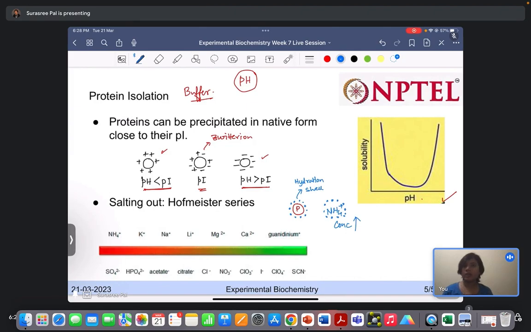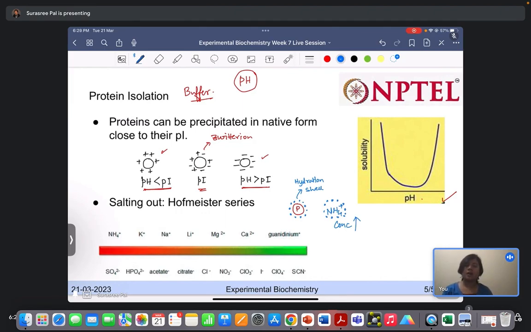And when these non-polar interactions become more prevalent, the protein comes closer to other protein molecules, and then these protein molecules can together form an aggregate, or precipitate down. So that is called salting out. By salting out, we essentially precipitate a protein.